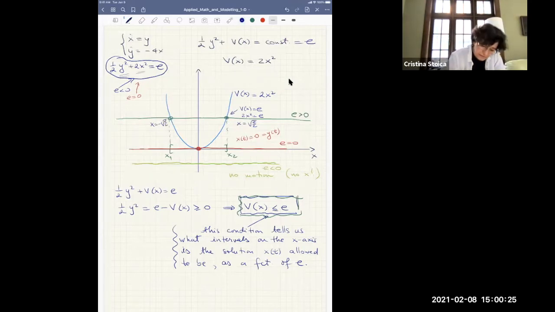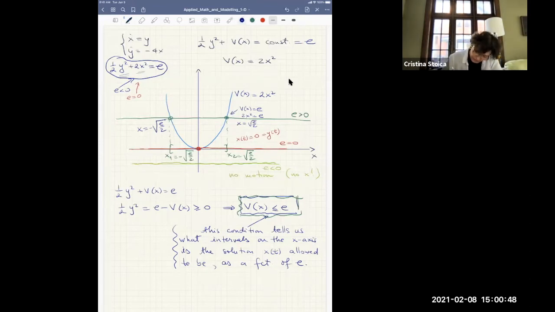I don't know if you can see. Let's see. Let's make them bigger. In this case, we can determine what is x1, right? So it's minus root of e over 2, and this is root of e over 2. And what is x2?